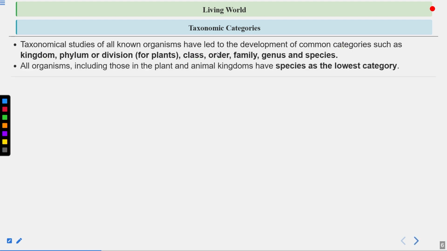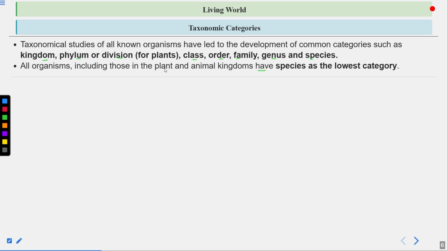All organisms, including those in plant and animal kingdoms, have species as their lowest category. So here you can see the hierarchy. These are the common categories in which organisms can be placed based on similarity, based on common ancestry, based on evolutionary relationship. Okay.